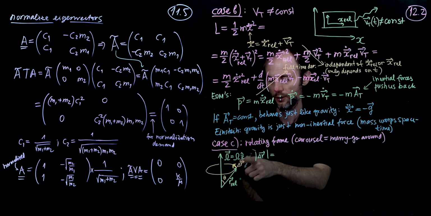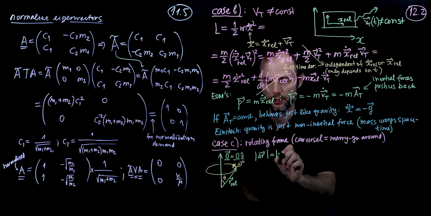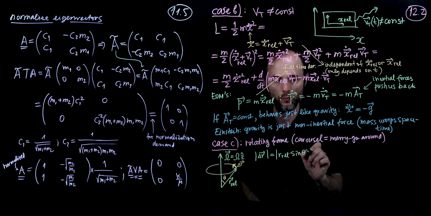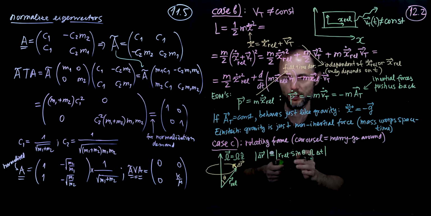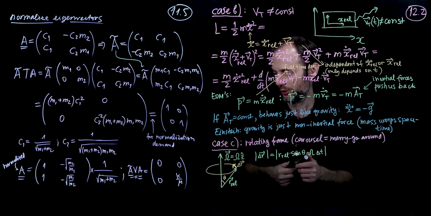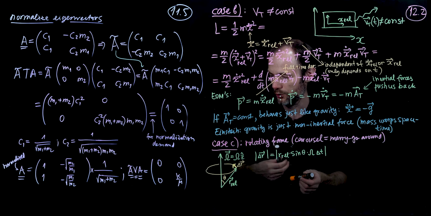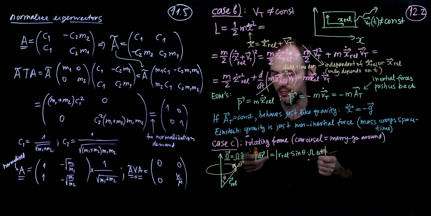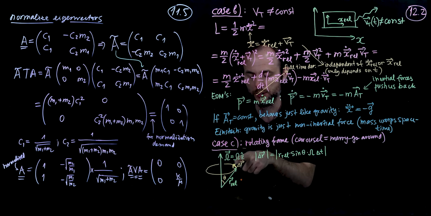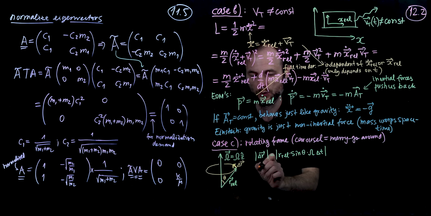So delta r in the lab frame will be r rel times sine theta times omega dt. So that will be the length of this little orange vector. And if we want to write it out in the vector notation, delta r will be pointing into the board. So what will it be?